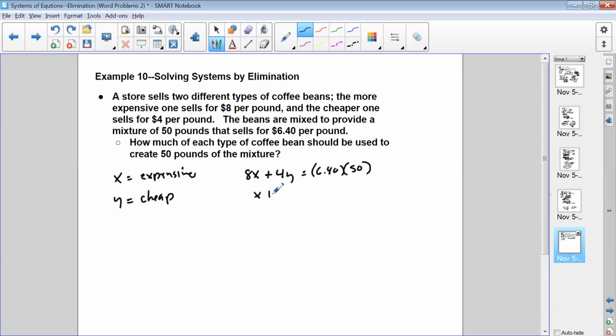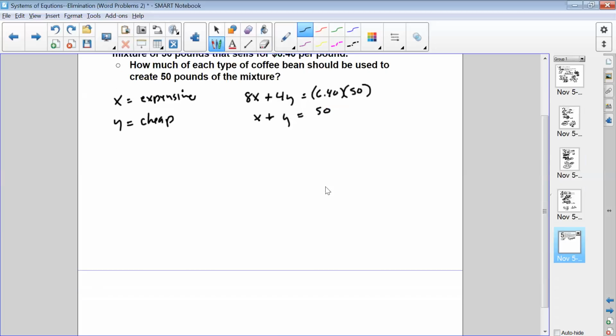And then we know we've got x plus y to equal our 50 pounds. So if we take $6.40 times 50 pounds, we're actually going to get 320. And then we have x plus y is equal to 50.